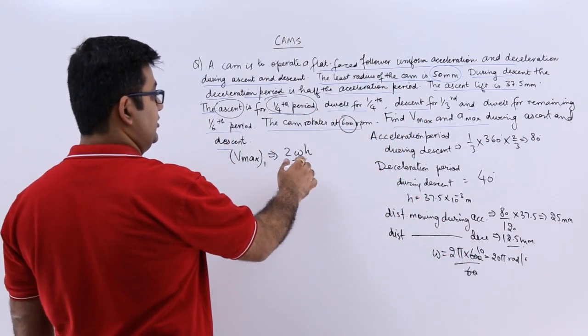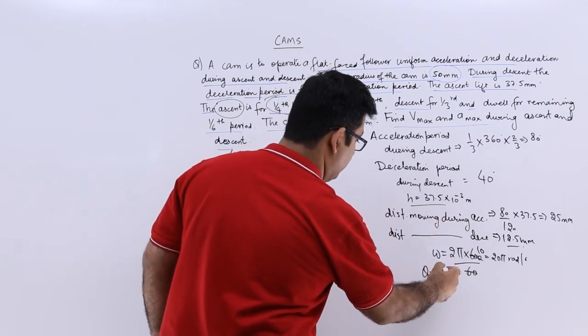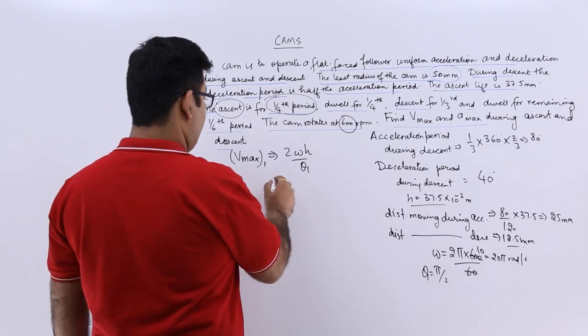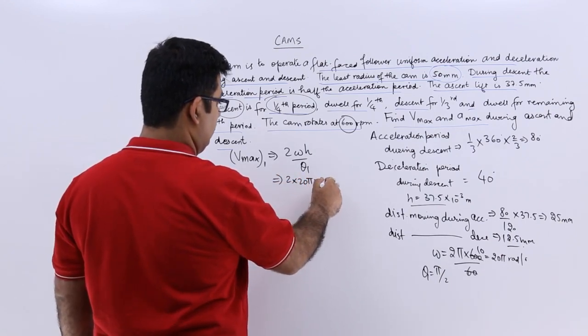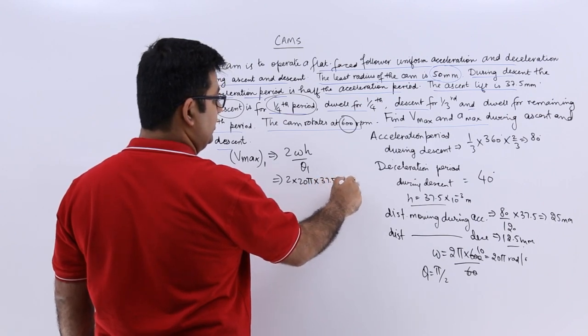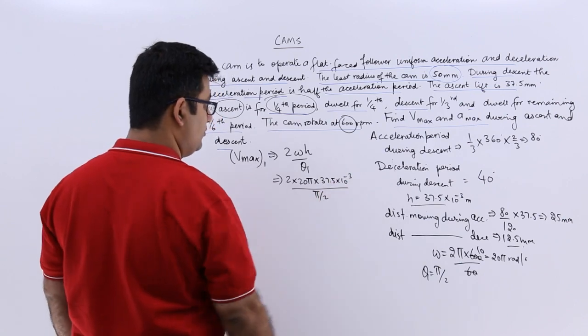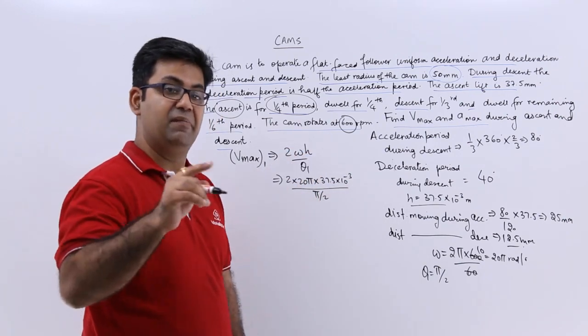So h is 37.5 mm and theta 1 is pi/2. Putting in the values, 2 into 20 pi into 37.5 into 10 to the power minus 3 upon pi/2, this gives you the Vmax.